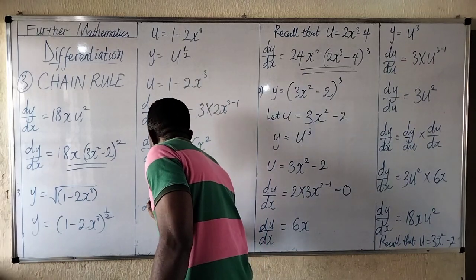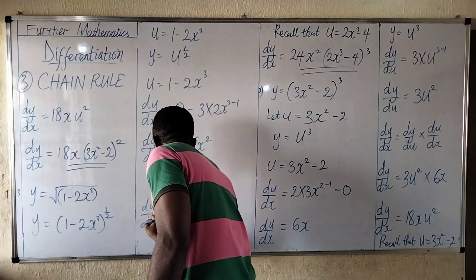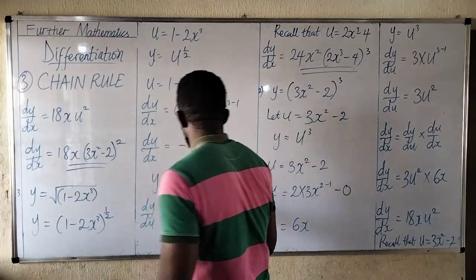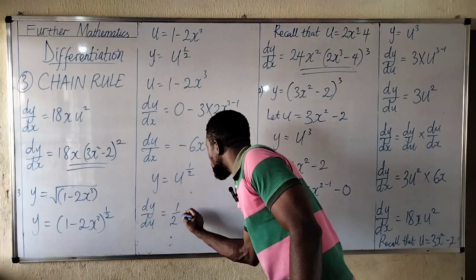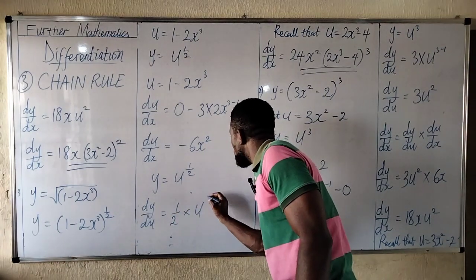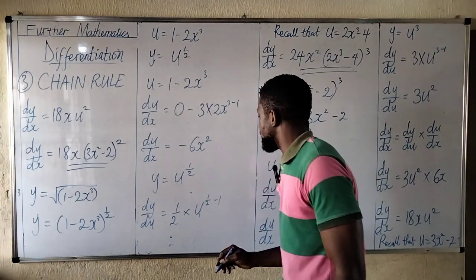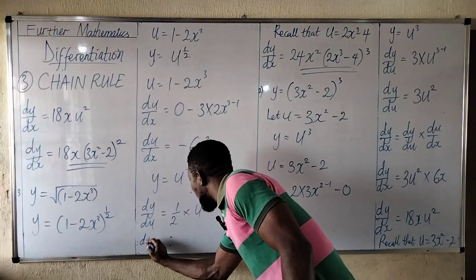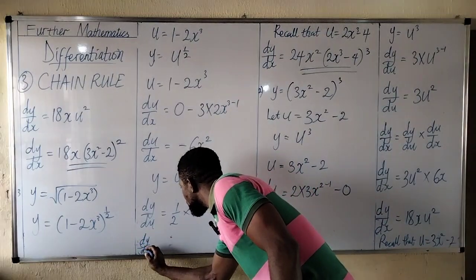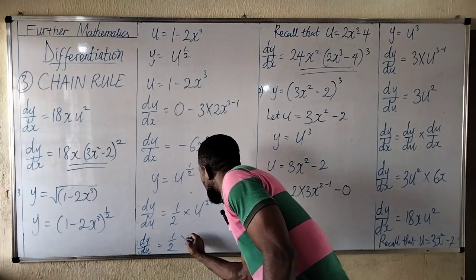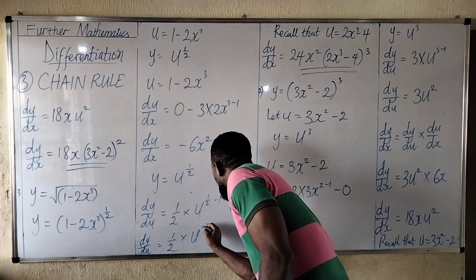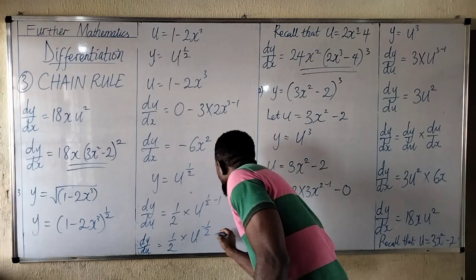When this happens, it will be dy over du. The power is 1 over 2, so it will now be 1 over 2 times u raised to 1 over 2 minus 1. So our dy over du will be 1 over 2 times u raised to the power minus 1 over 2.